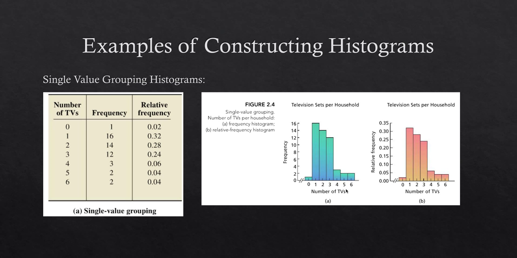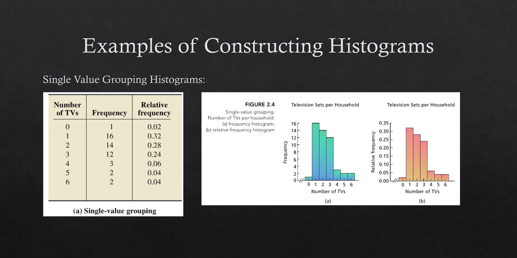Now notice how these are drawn. So the other one is, instead of frequency, based on relative frequency. But notice, if you look at these two, frequency versus relative frequency, the graphs look very similar. They look very similar, don't they? So keep that in mind. But this is how you would look at single value grouping. A single value histogram would look like this.